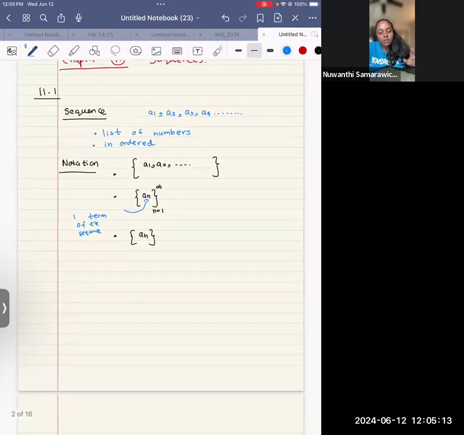Another important thing that you have to see whenever you see a sequence: you will notice n is always a positive integer, right? Because here you see 1, 2, 3, 4, always positive integers.